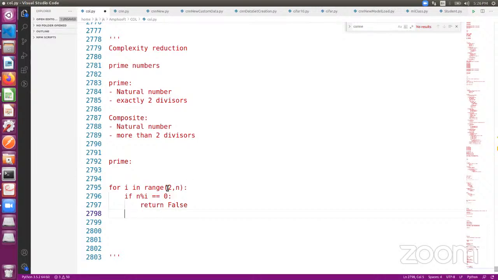So between 2 and n minus 1, if none of the numbers are dividing, then we know that it is a prime number. So we have an else for the for loop, right? I think you remember this. This else is for the for loop. When will this else get executed? If the entire range gets executed, then this else will get executed. So if it comes to the else part, then you have to return true.